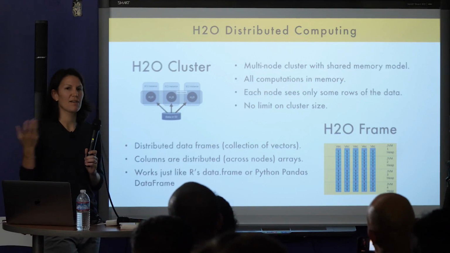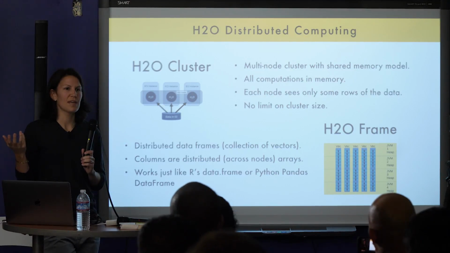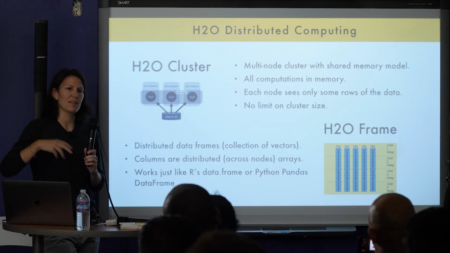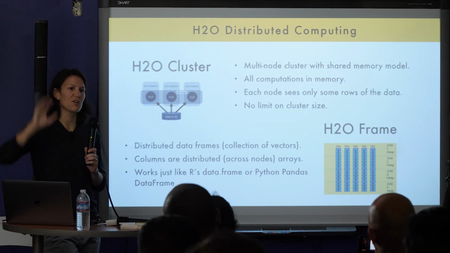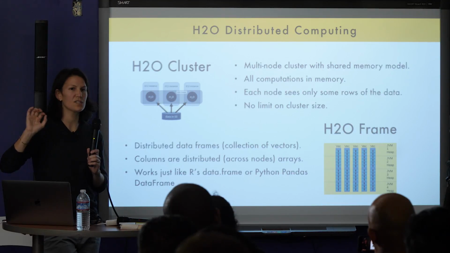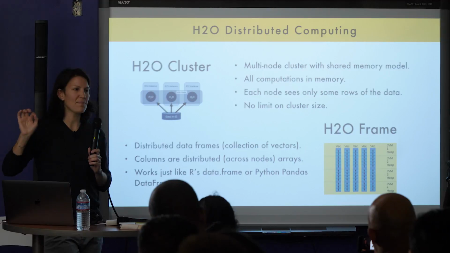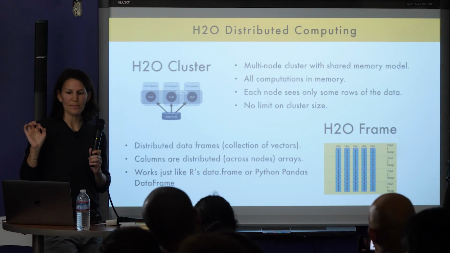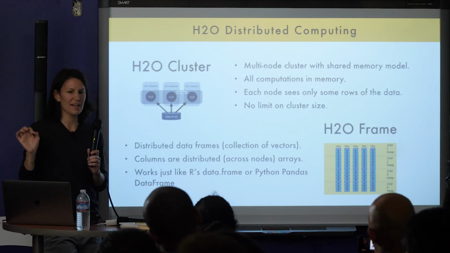Sometimes people get confused about that. They think H2O is on the cloud or something, and when they upload their data to the cluster, it's going somewhere outside of your computer. That's not the case, unless you are the person setting up that cluster on EC2 and your data is going there. So that's just to clarify.